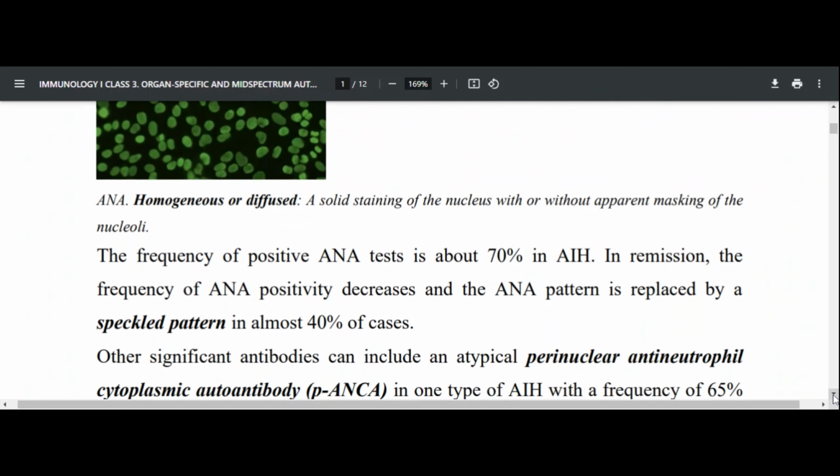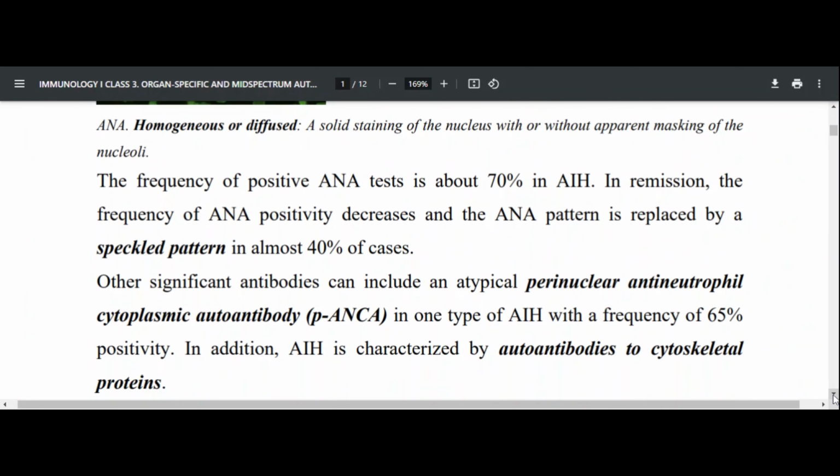The frequency of a positive antinuclear antibody test in acute immune hepatitis is 70%, but in remission, the frequency of antinuclear antibody positivity can decrease, and the antinuclear antibody pattern is replaced by a speckled pattern in almost 40% of the cases.